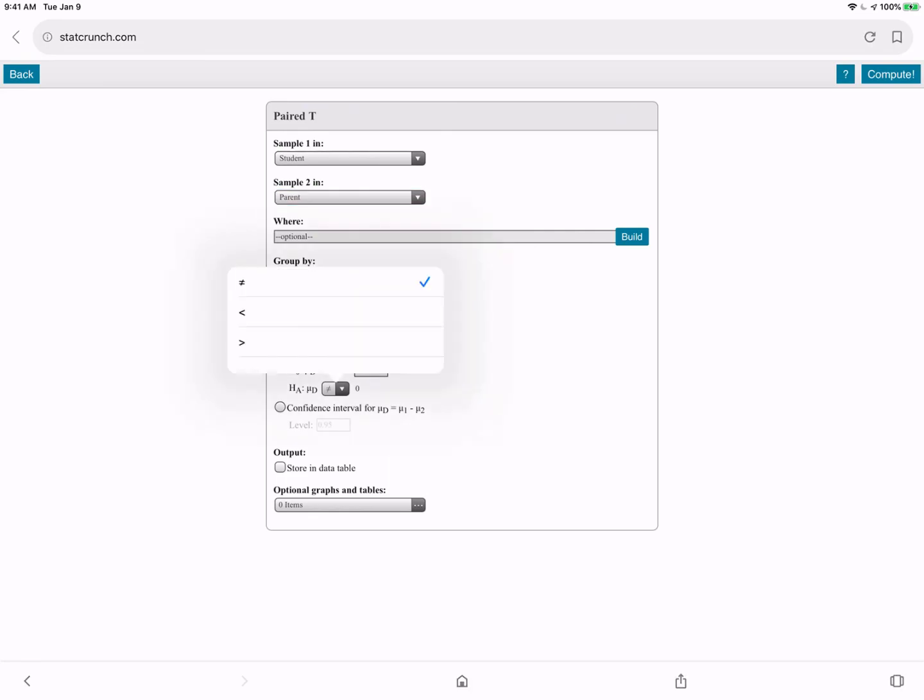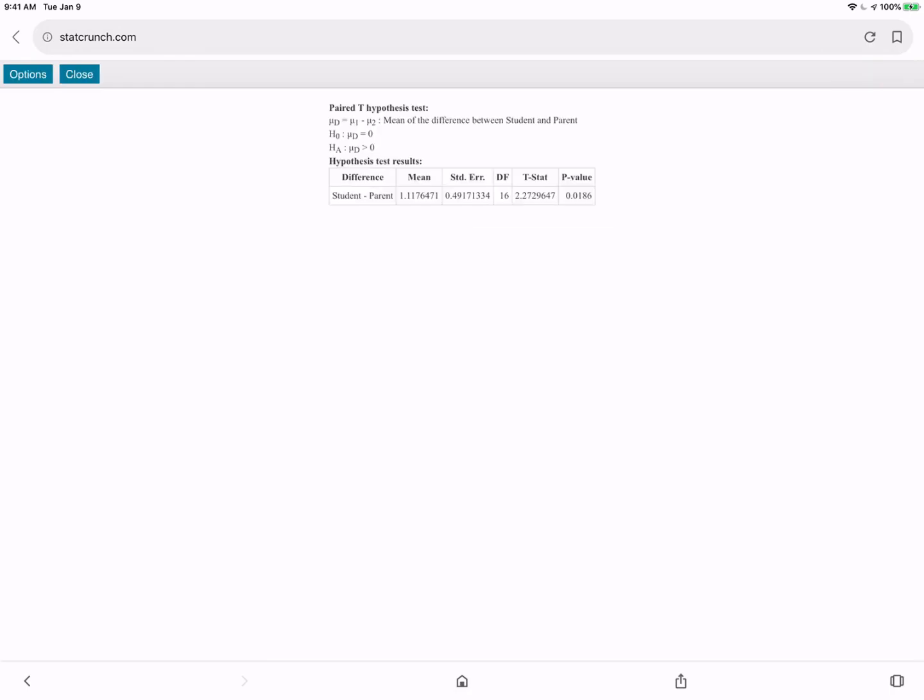But like we talked about before, for this problem, if we keep students in sample 1 and parents in sample 2, to show that parents are shorter than students, in other words, students are taller than parents, it would be the same as having a greater than sign in your alternative hypothesis, and then you just compute. And so we see our test statistic, 2.27, and our p-value, which led us to reject our null hypothesis.